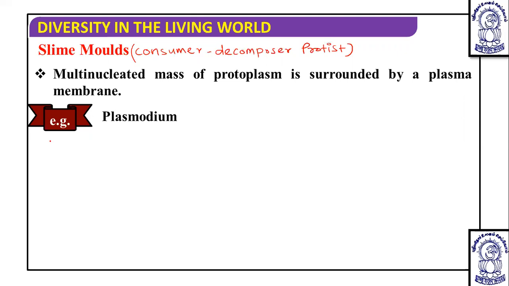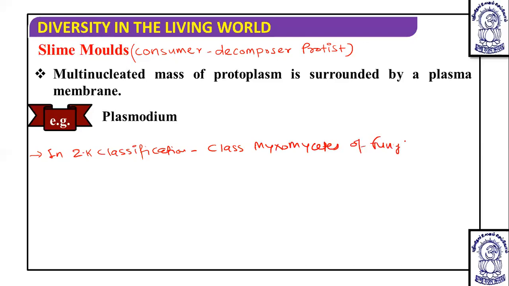Due to their nature, they were included in class Myxomycetes of fungi in the two kingdom classification. They are called Mycetozoa as well, as they are closely related to animals.